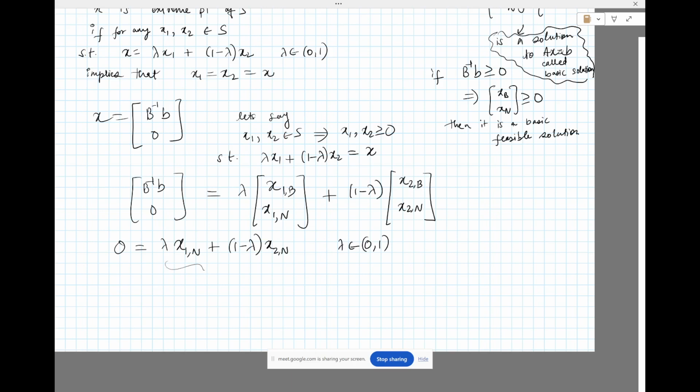So this whole quantity is greater than or equal to 0 because all are positive. So that must mean what? x1,n is equal to x2,n is equal to 0, right? Is it clear? Yes, sir.